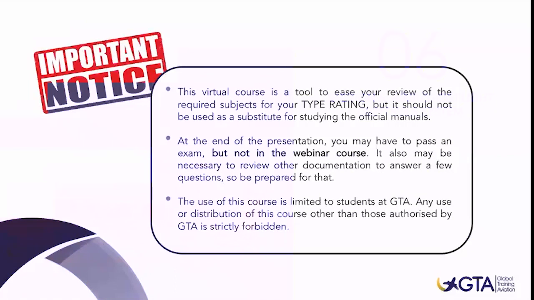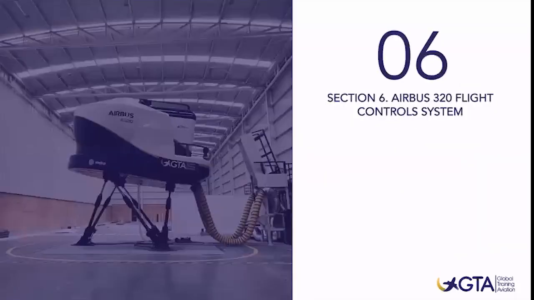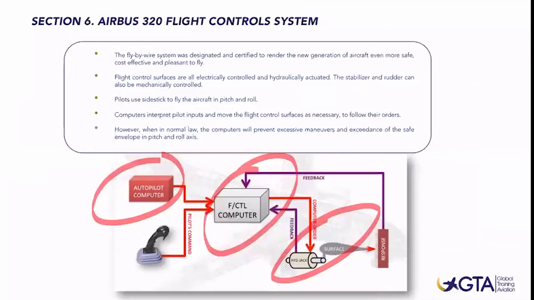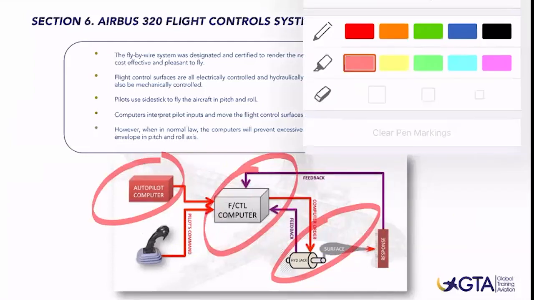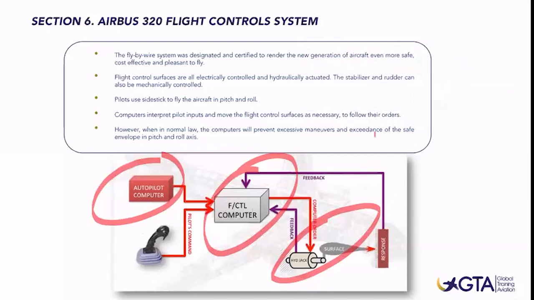Airbus 320 flight control systems. As you can see in this slide, what's the fly-by-wire system? Basically, the main concept is that the pilot applies some inputs on the rudders or on the side stick.